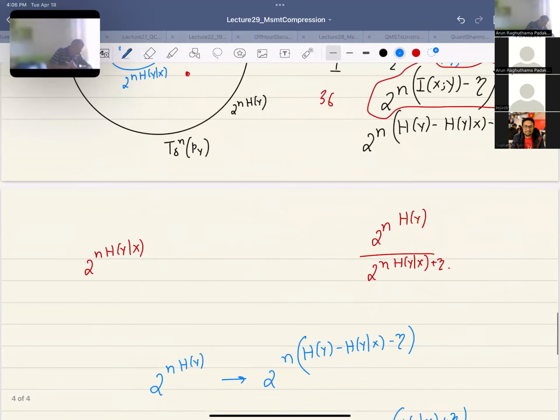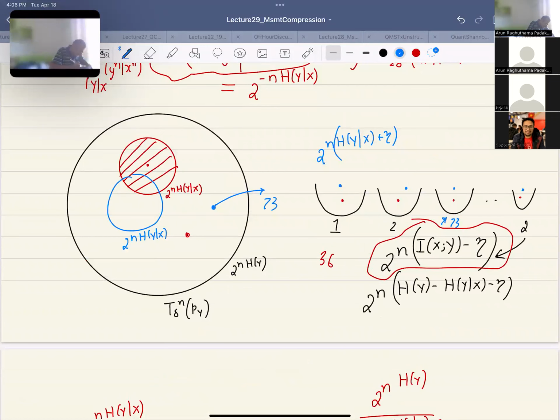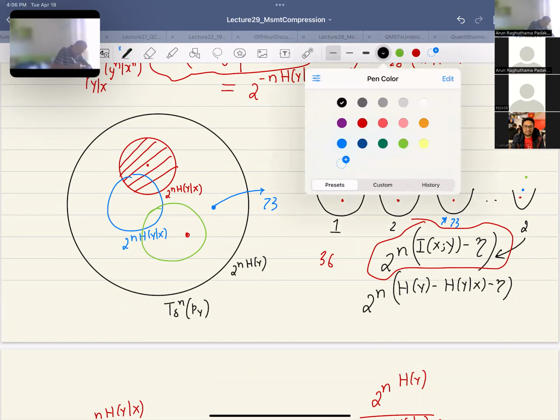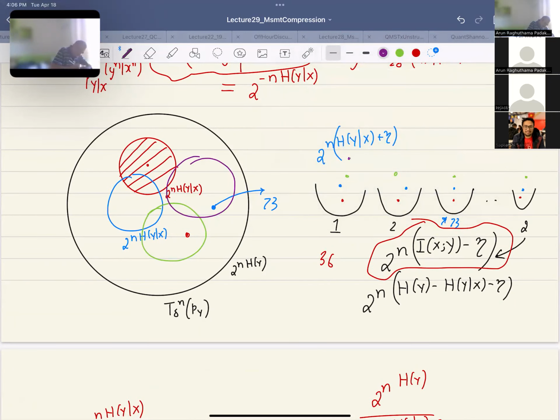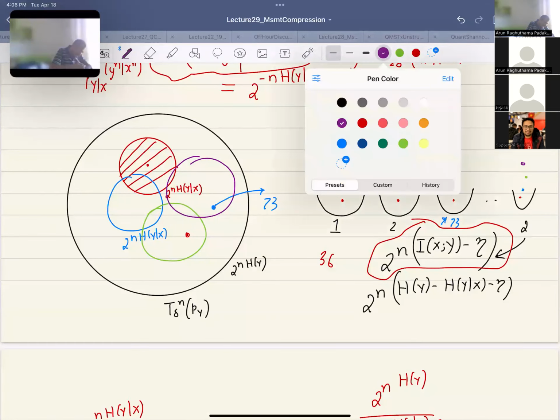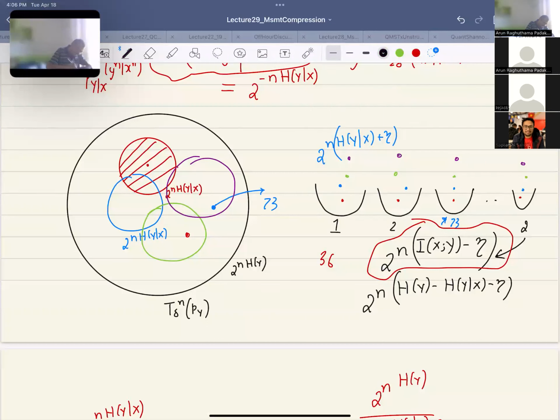So if there is a green ball here, the green sequences are coming here. If there is, let's say, a purple ball, the purple ball sequences are coming here. You have done something of this sort. Suppose you can do this, then it gives us a clue. What do you do? These bins are shared between both Alice and Bob.